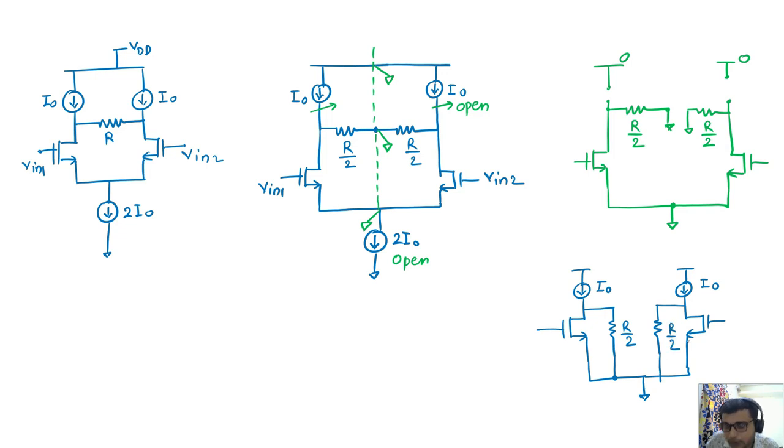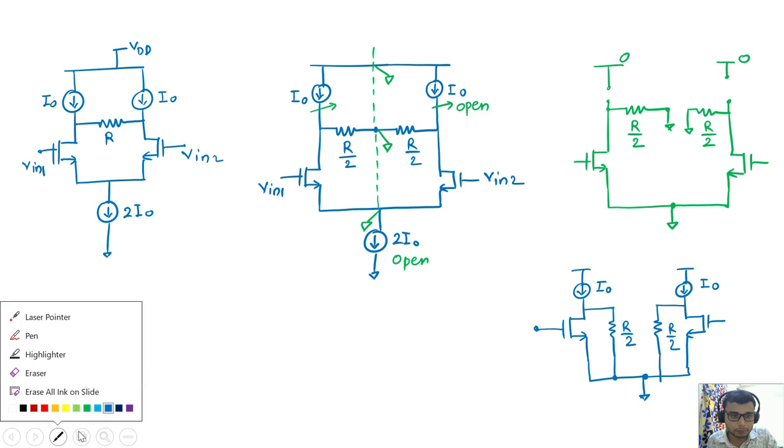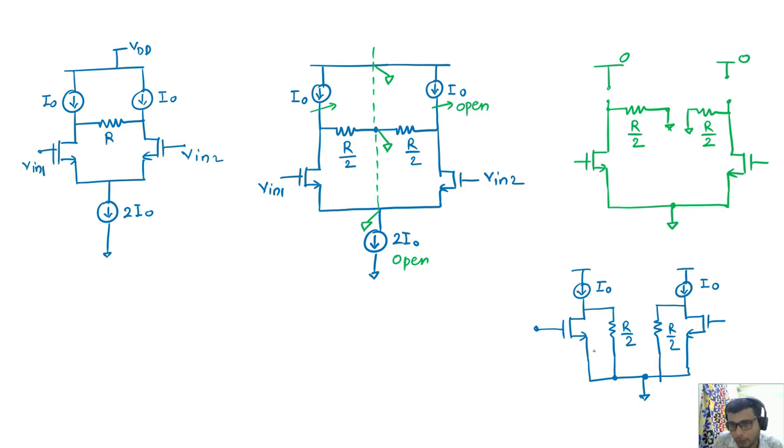So what we are seeing here, because there is an R naught in between, this R can be split as R by 2, and this R by 2 can be shorted at the mid. So because the lower node is also shorted, we can short the R like this. R would be shorted to this virtual short node. So what we can see, it is nothing but representing the R naught of transistors. So this circuit is representing nothing but R naught of this transistor.